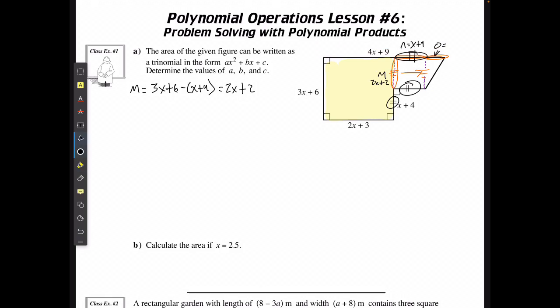Which means that side length o is going to equal the 4x plus 9 minus 2x plus 3 and minus x plus 4. The 4x minus 2x minus another x leaves me with just an x. And the 9 minus 3 minus 4 leaves me with a 2.